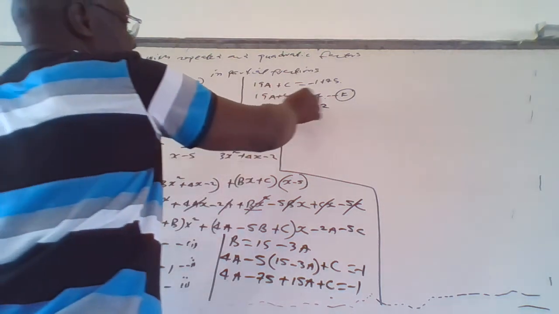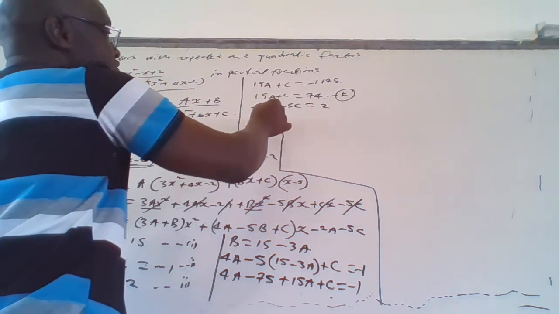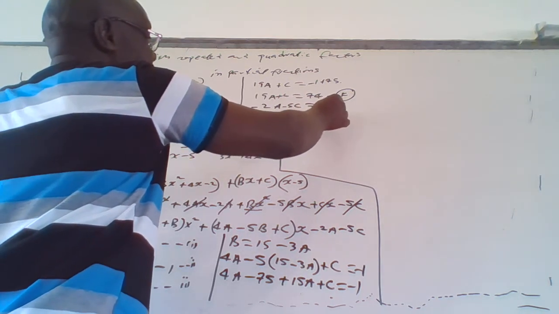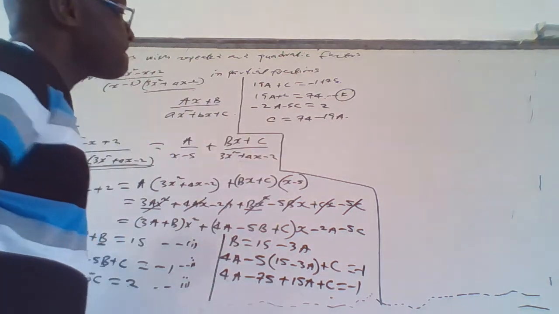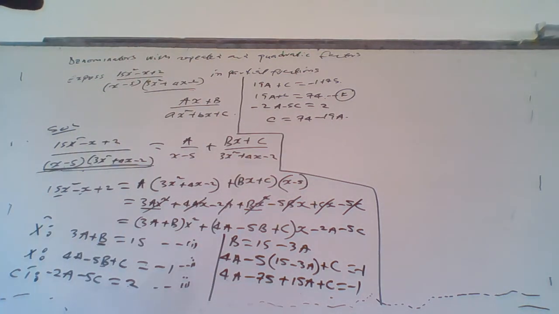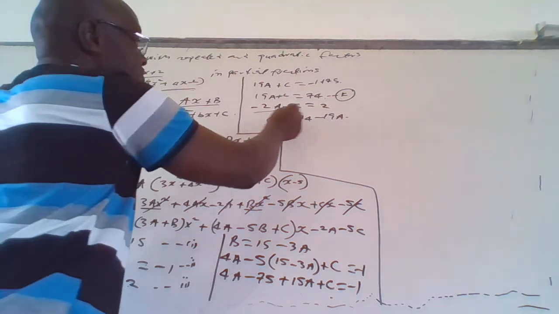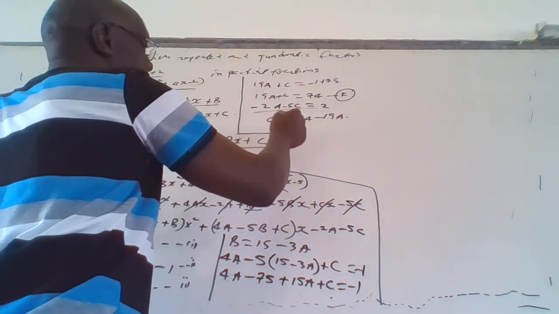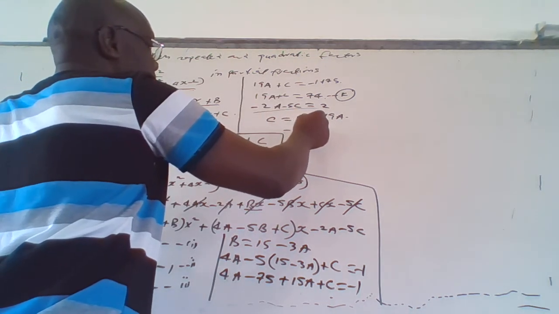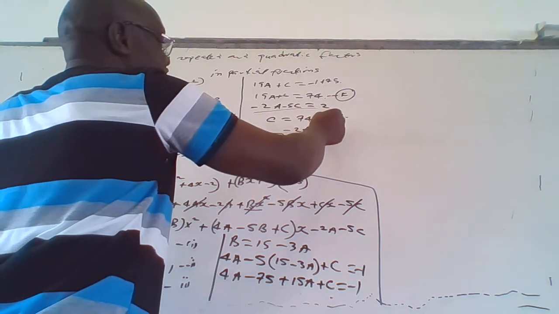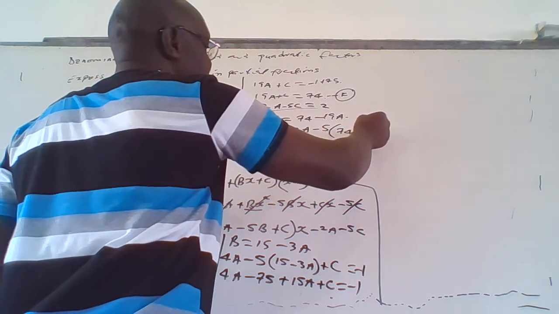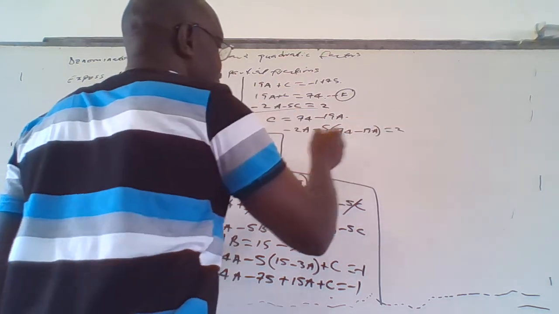We can make c the subject in equation K. So c equals 74 minus 19a. So that is the value of c. Since there is c in this equation, we replace it by 74 minus 19a. So we have minus 2a minus 5 into 74 minus 19a equals 2.